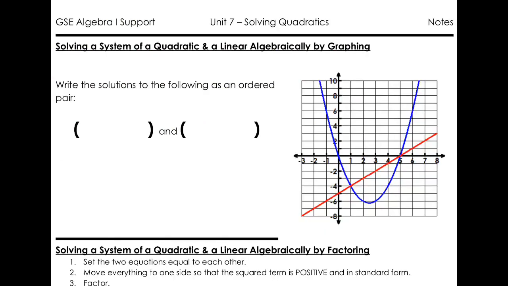Let's keep it moving. All right, guys, this is something totally new. We are solving a system of a quadratic and a linear by graphing. Okay, so all that means is, before, when we were trying to find the zeros, roots, solutions, whatever you want to call them, we were going to our x value here. Let's label our axis x and y.